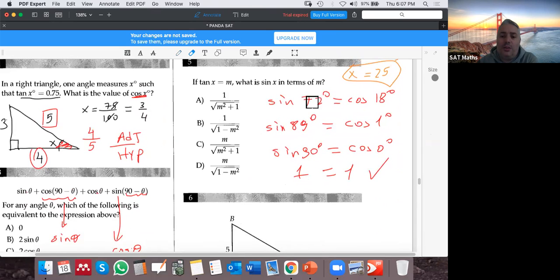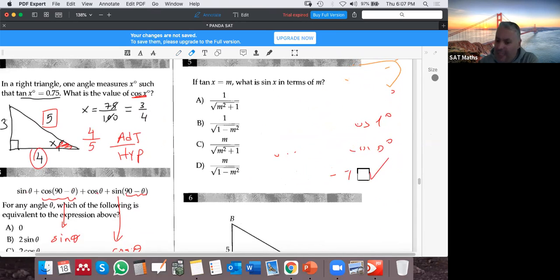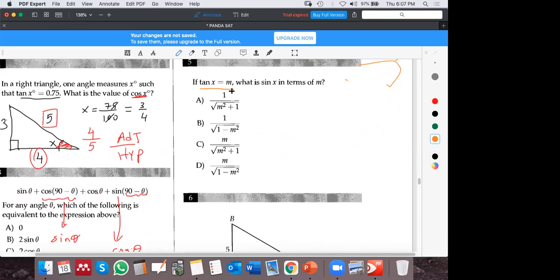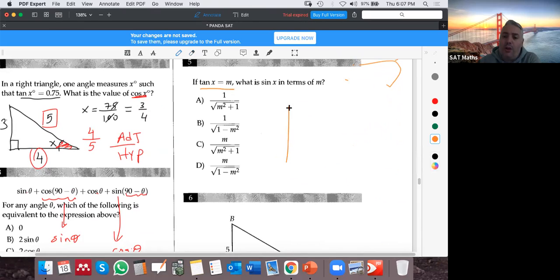Now, this is also a famous question type. It's simple also, not difficult. Tangent X is M. Draw, don't wait. Draw a right triangle. Put M somewhere. Angle is X, right? Tangent means opposite over adjacent.